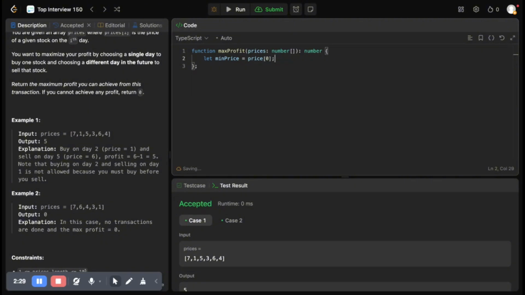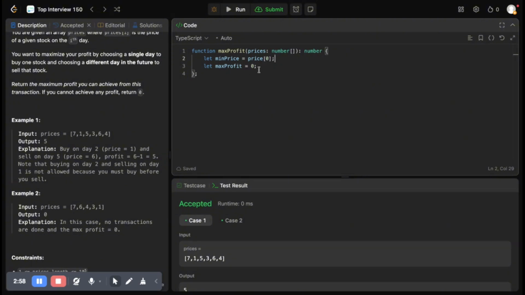And then let's initialize the maximum profit to be 0. Let maxProfit equals 0. So we are assuming that the minimum price is the first day because we are trying to keep track of the lowest price, and it's the only price we have seen so far. So it will be the first price.